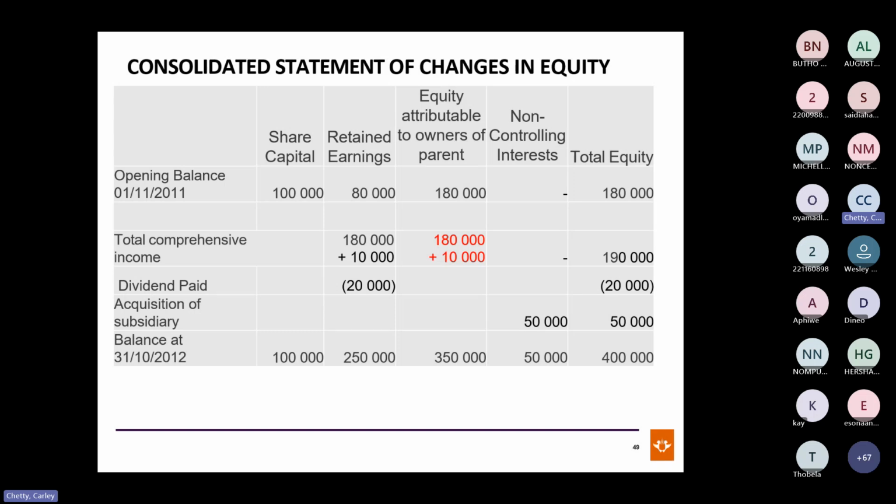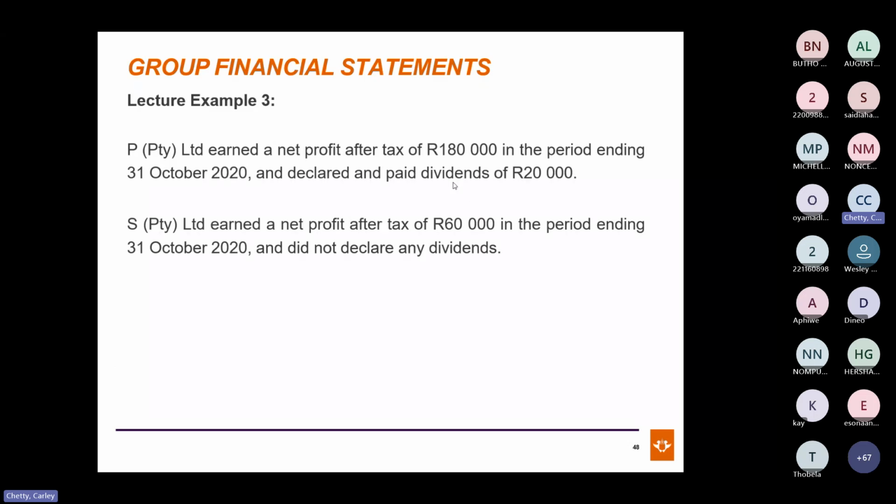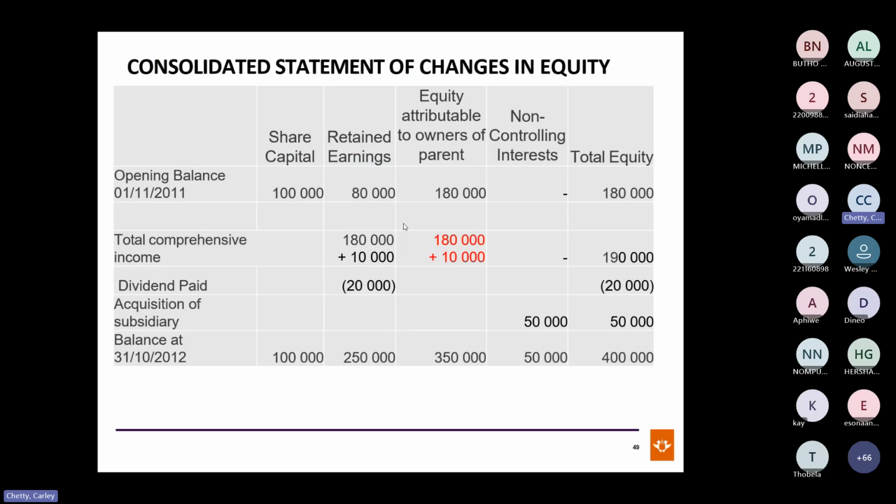And then remember, it said on the previous slide that they had net profit of 180,000 Rand and dividends of 20,000 Rand. So the total comprehensive income is 180,000 Rand plus the gain on bargain purchase. Okay, so we have that gain on bargain purchase. And we have the dividend paid of 20,000 Rand.